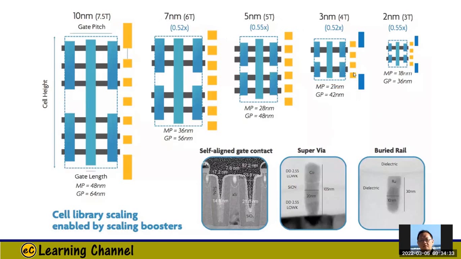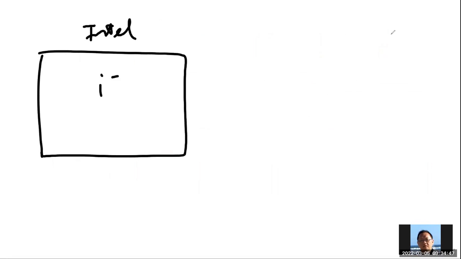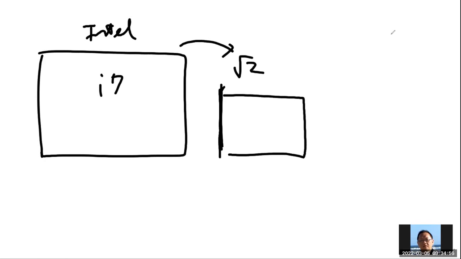So the same CPU, this generation of the CPU, if we take this much, let's assume this one's i7. Next generation, if the semiconductor shrinks by square root of 2 in one way, that is a reduction of 2 in the area. So the original i7 next generation process will be this small.